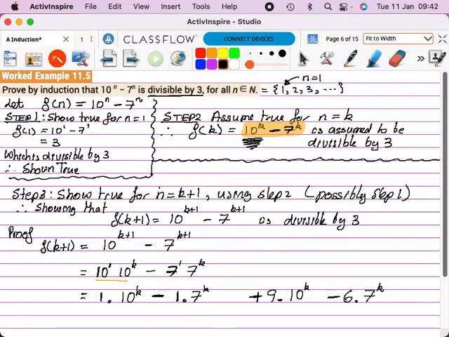Now, we can do a bit of a tidy up line if you like, or you could just recognize quite simply that at this moment in time, this is the equivalent of step 2, and 10 to the k minus 7 to the k can be replaced by f of k. So we've got f of k.